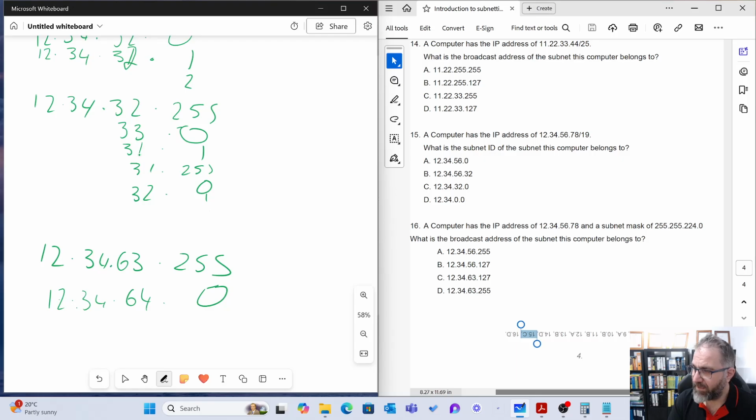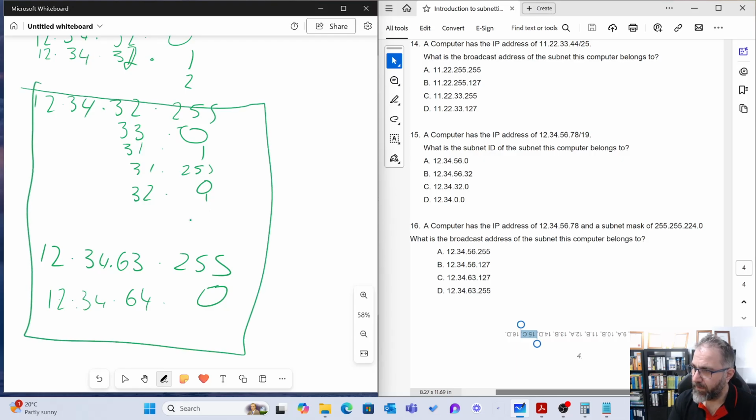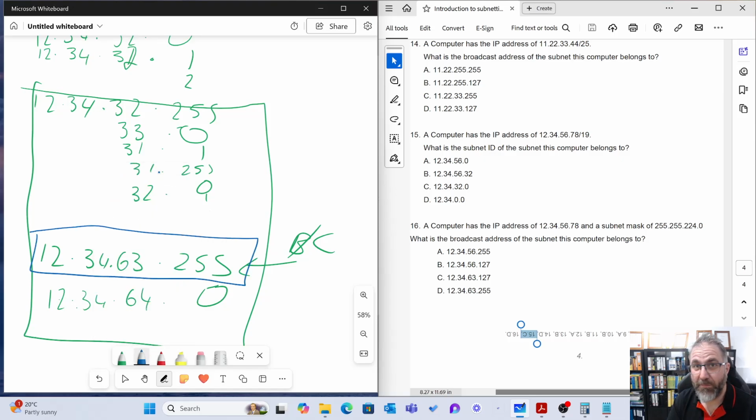That is the very last IP address in that block. And the last one is the broadcast. So therefore, the answer to the question is D for Charlie. Oh, sorry, D for Delta. There we go.